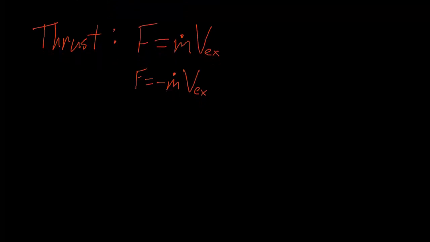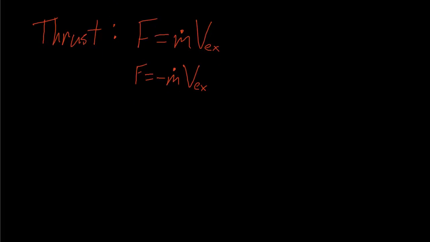So we can rewrite our force equation, and we can say that force is also equal to mass times acceleration. Now, what we can say here is that m dot is a rate and acceleration is a rate. So we can write both of these in terms of their differentials and their time.